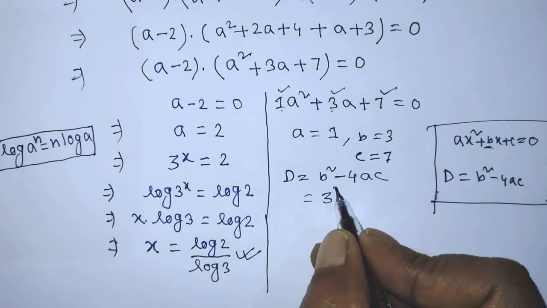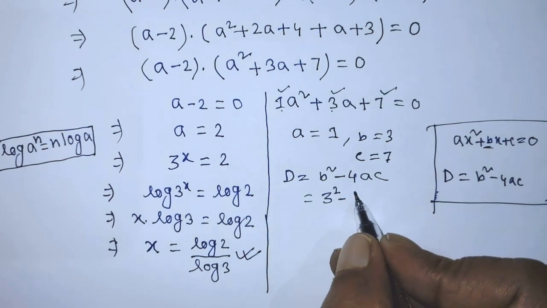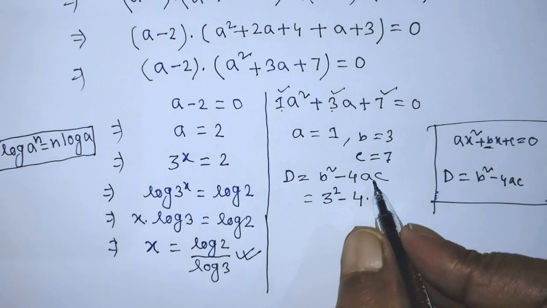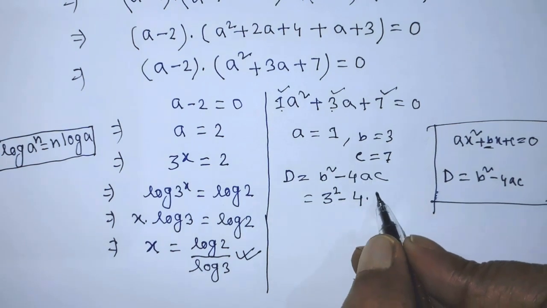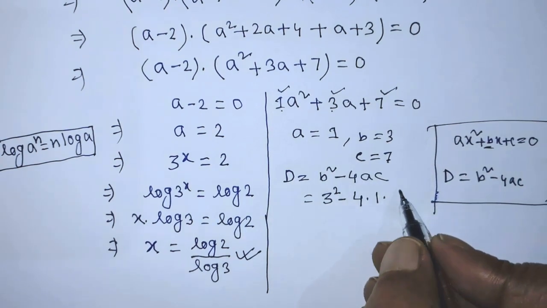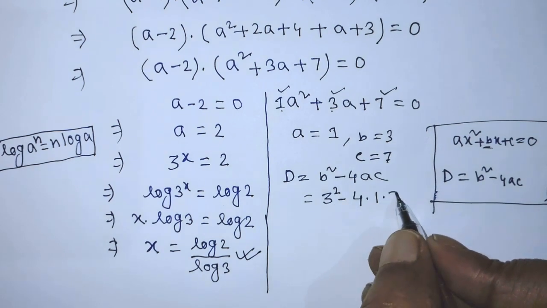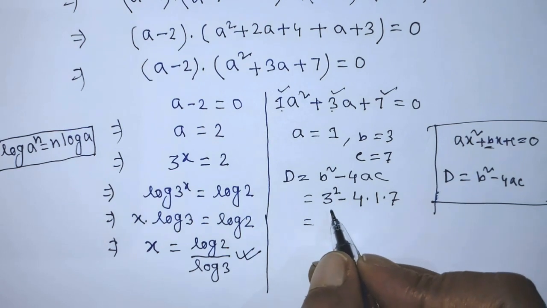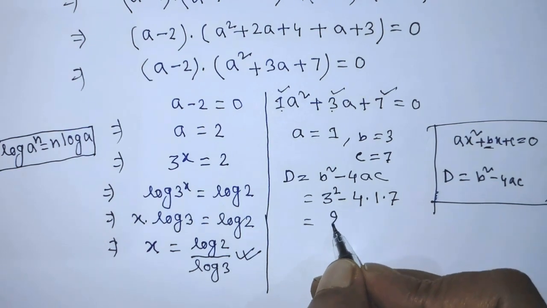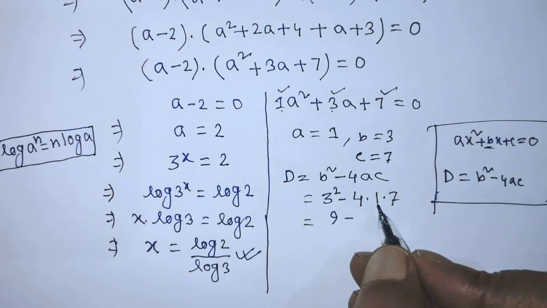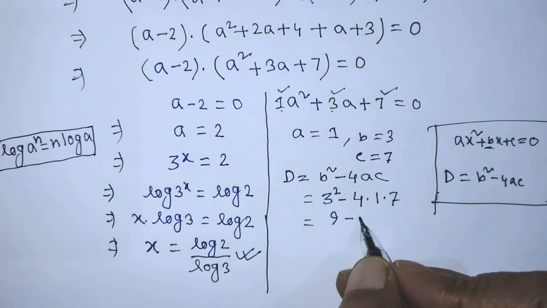here 3 to the power 2 minus 4 times. The value of a is 1 and the value of c is 7. So we have to write in here 4 times 1 times 7. So student, 3 to the power 2, that is 9, minus 4 times 1 times 7, that is 28.